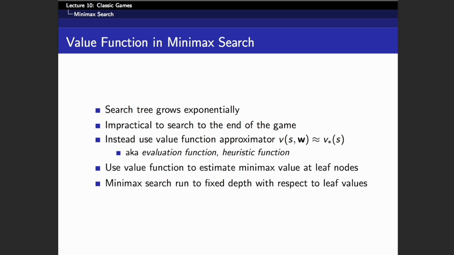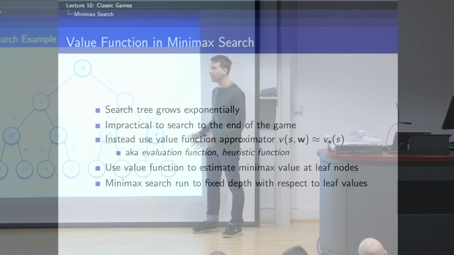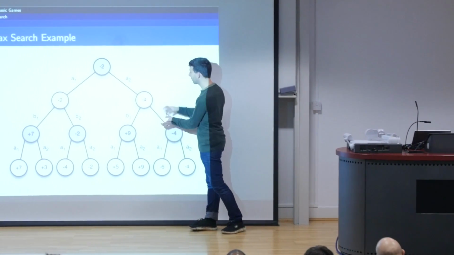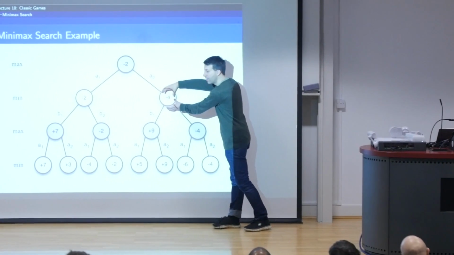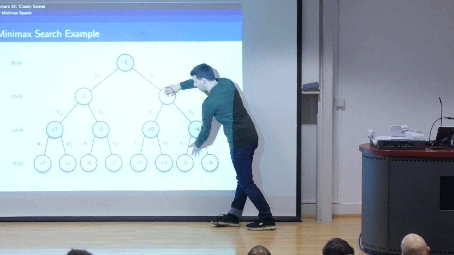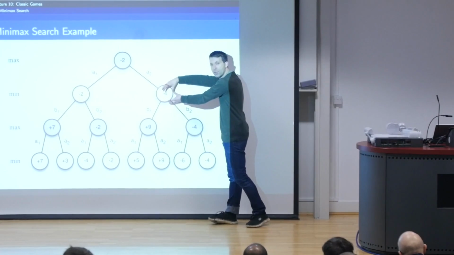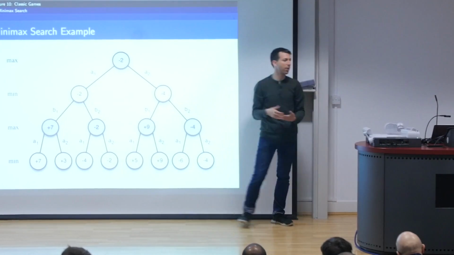From each of these states, instead of computing this exactly, we can have some function approximator which estimates each of these values in each node, based just on, say, the board position. If you're playing chess, you could look at the position and, without even looking at these other possibilities down here, try and estimate what the value is. So that's a value function approximator.